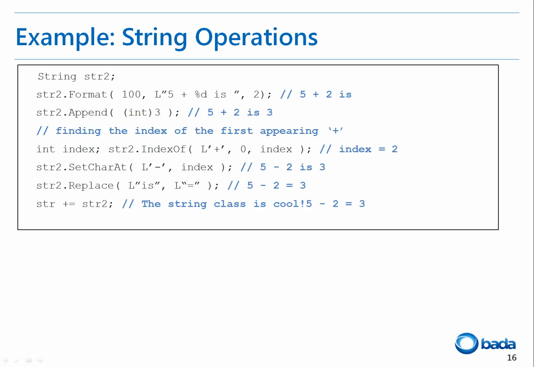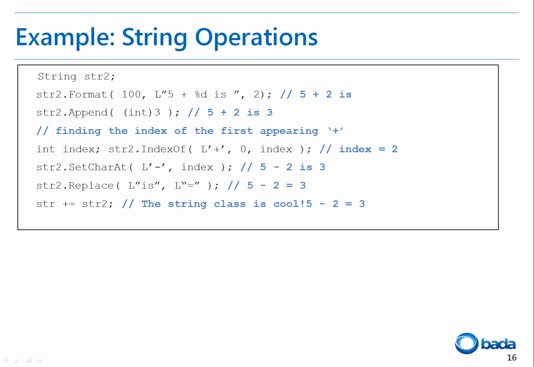After that, I created another new string. I initialized this string using the format function. The initialized string is 5 plus 2 is. Then, I appended an integer type constant 3 to the string. Then, I called the index of function to acquire the index of the plus character in the string and changed the character to minus.